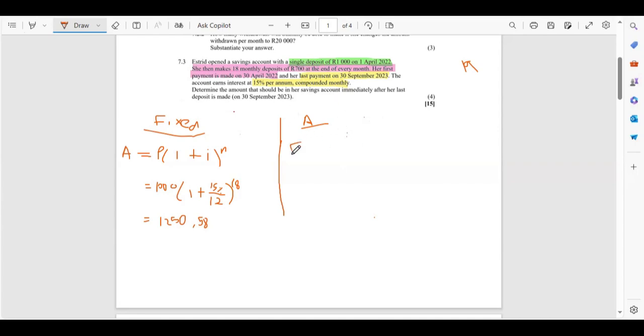So you would punch in your formula, which is given at the back of your question paper. Future value is equal to your X, which are your payments, times 1 plus i to the power n minus 1, all over i.